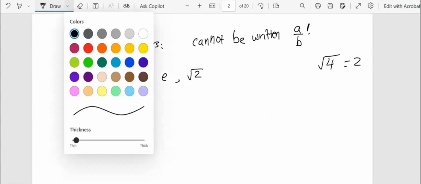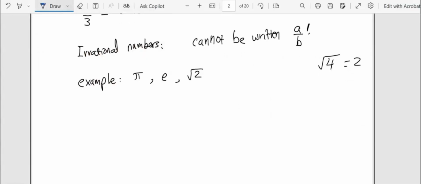So we could sum up all these examples in the set of the real line. So we learn in school the real line.